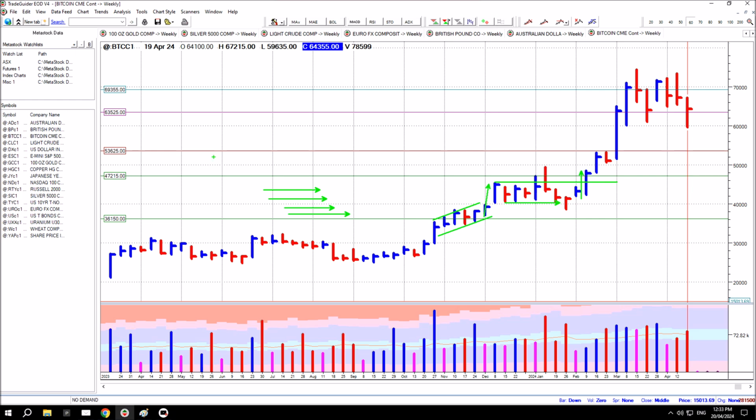Price pushed up to the next level. The next level is the secondary breakdown line. There was 1 week of consolidation before price pushed higher again. This is the highs of the range, and this is the all-time highs. Price pushed up to the highs of the range, and then to the all-time highs.